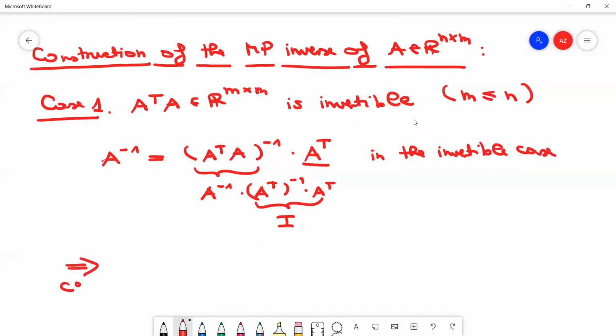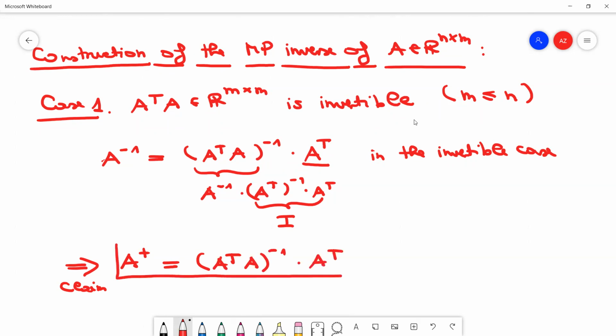Therefore, the claim: A plus is just, so we replace inverse with the Moore-Penrose inverse, (A transpose A) inverse times A transpose. So what does this case one say?